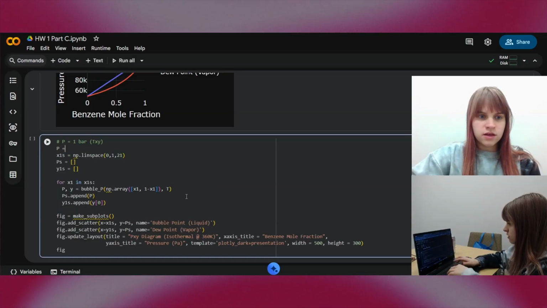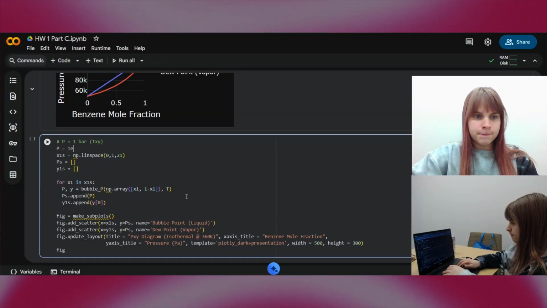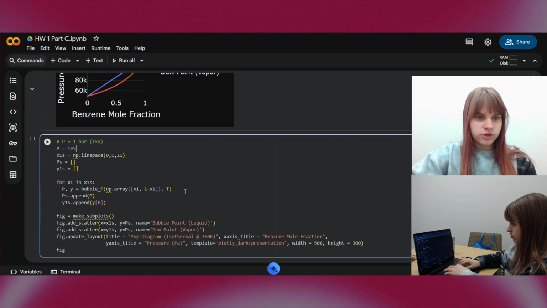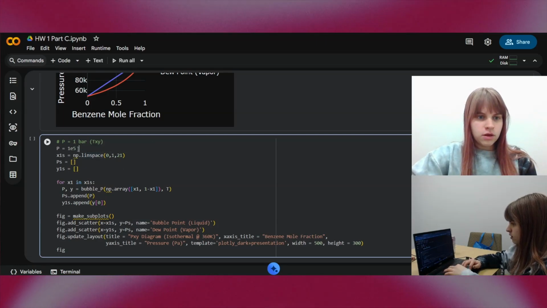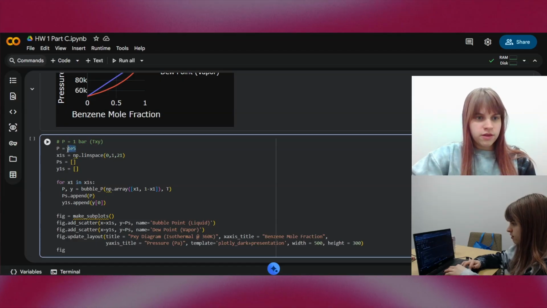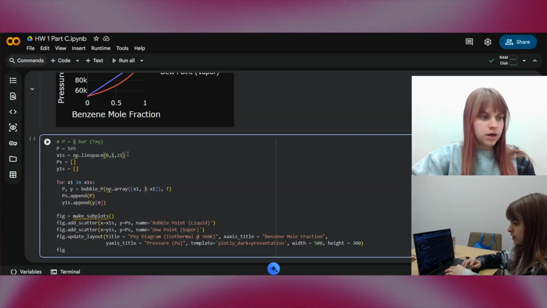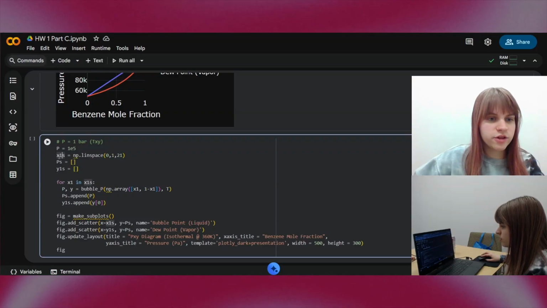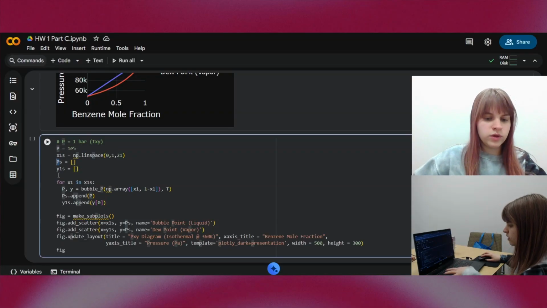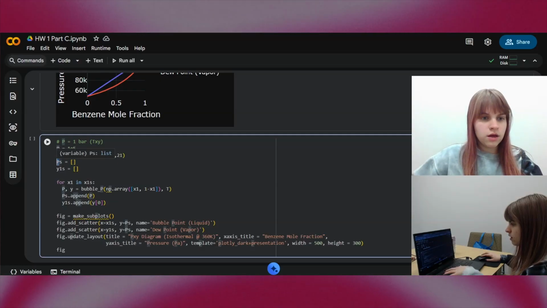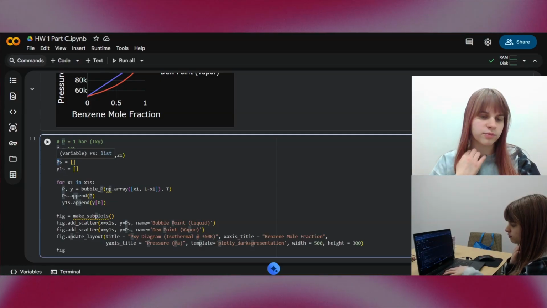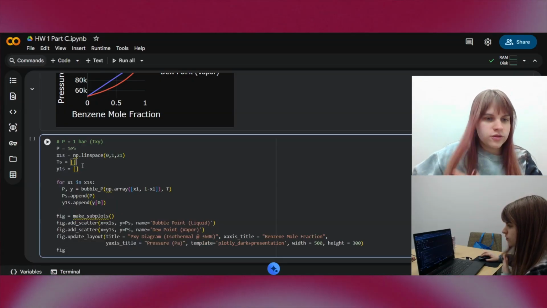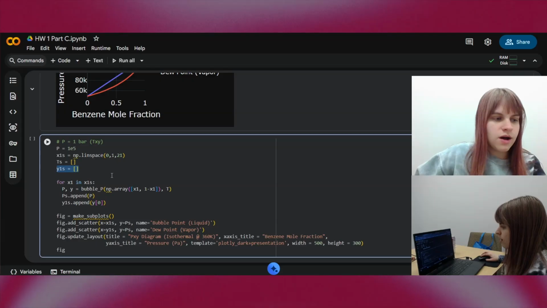So this has a set pressure, which is 1 bar. 1 bar is this many pascals, so there we go. We'll do the same thing with our x1s, and instead of creating an empty vector for the pressures, we're doing that for the temperatures, and the same thing with the y's.